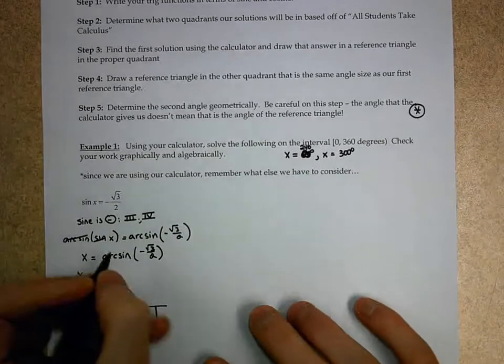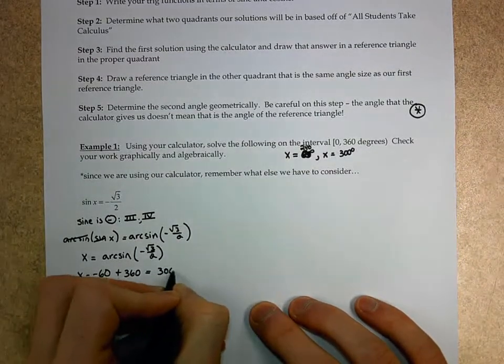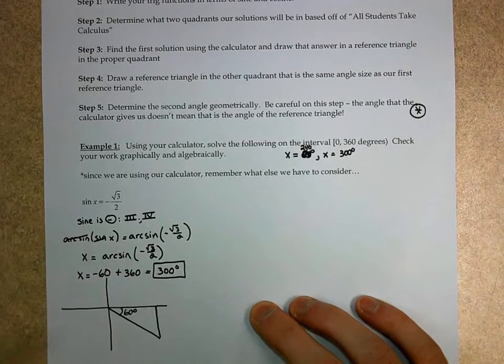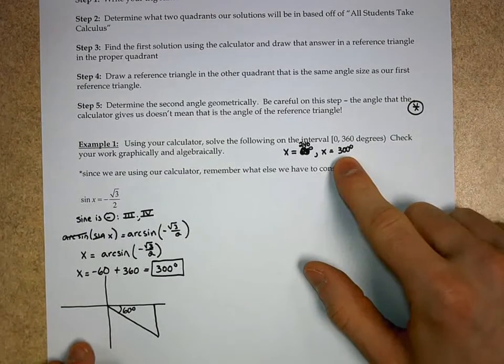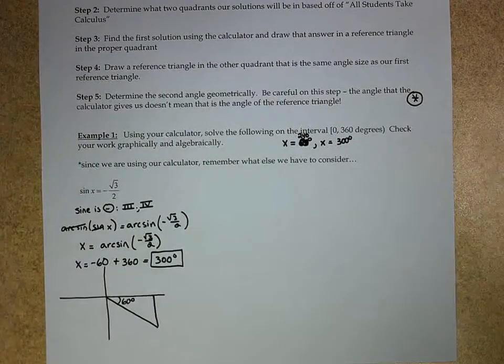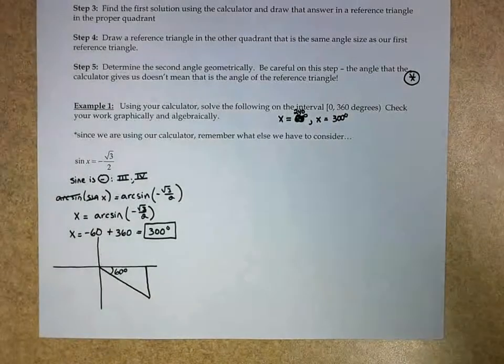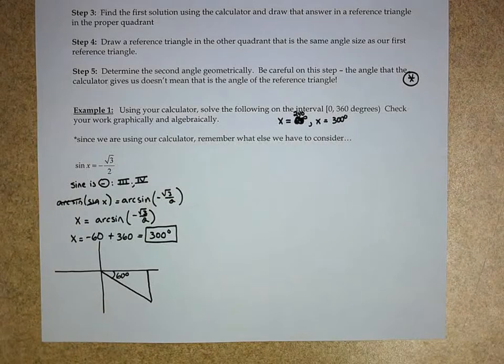I've got to find a coterminal angle, which means we've got to add 360 to it, which is going to give me 300 degrees. So there's that 300 degrees that I'm supposed to have. It's between 0 and 360. So sometimes your calculator might give you an angle that you need to add 360 to if you have a negative angle.